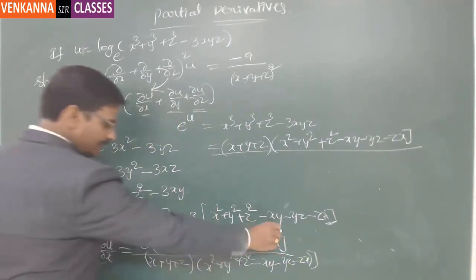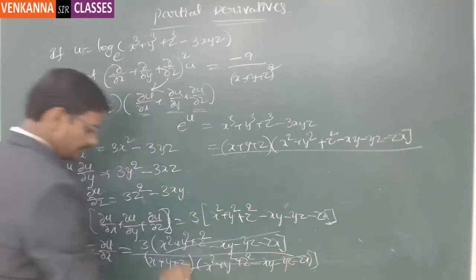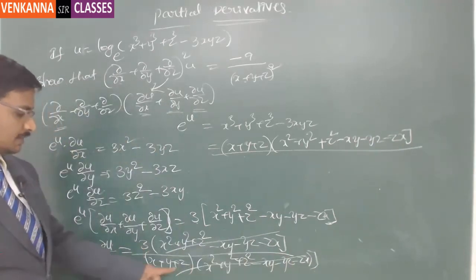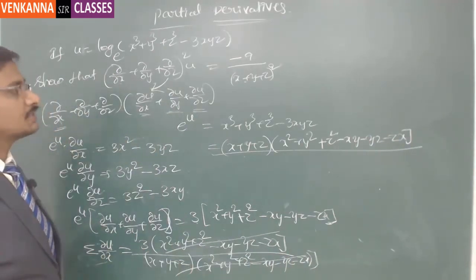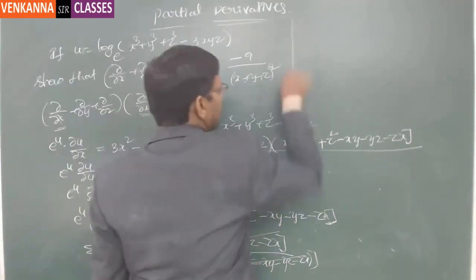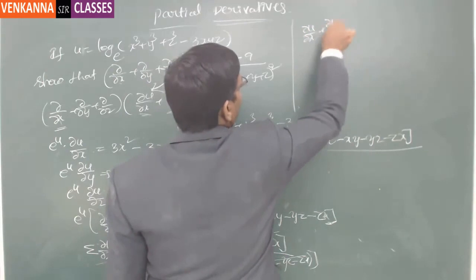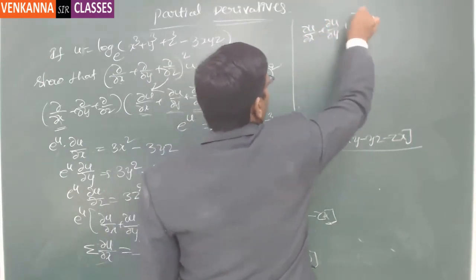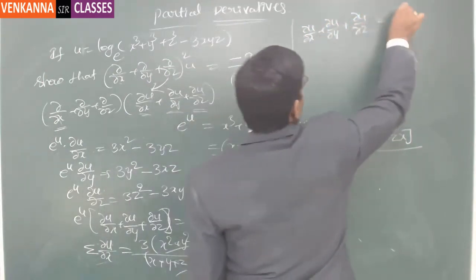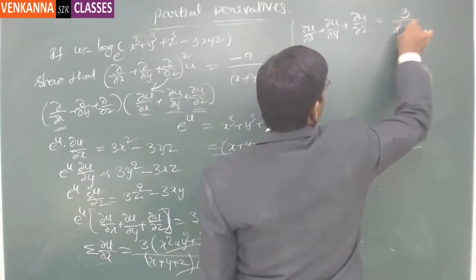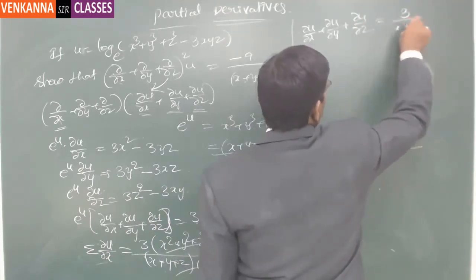Now you can cancel these two. So what is left over is 3 by (x plus y plus z). So ∂u/∂x plus ∂u/∂y plus ∂u/∂z is equal to 3 by (x plus y plus z).